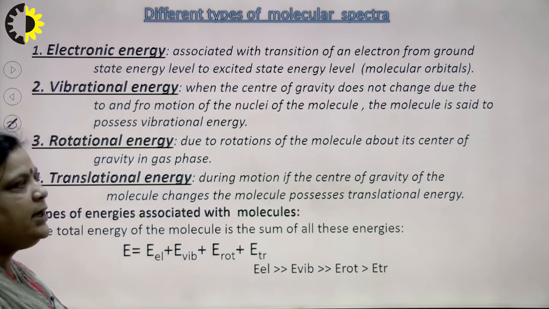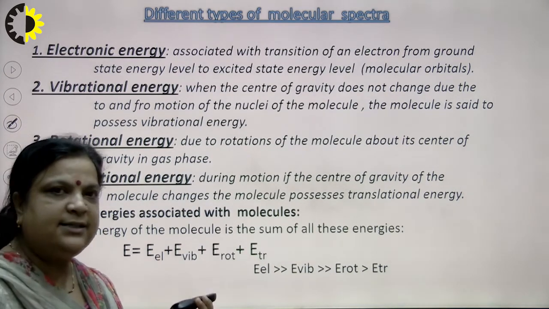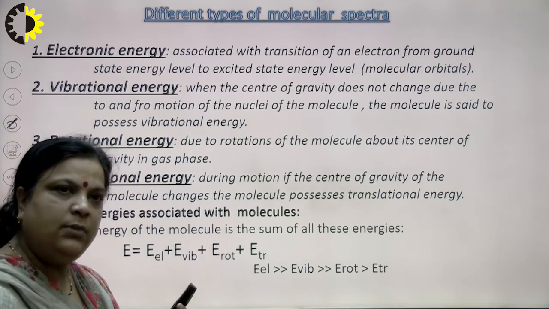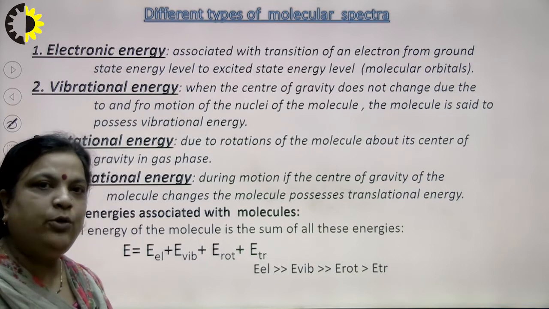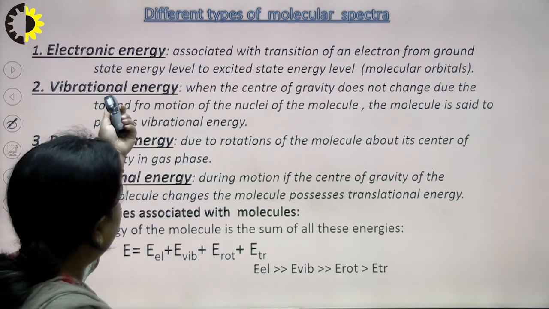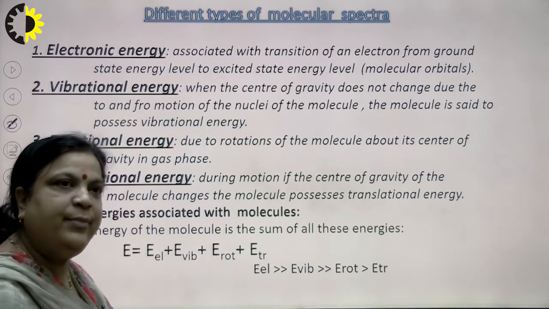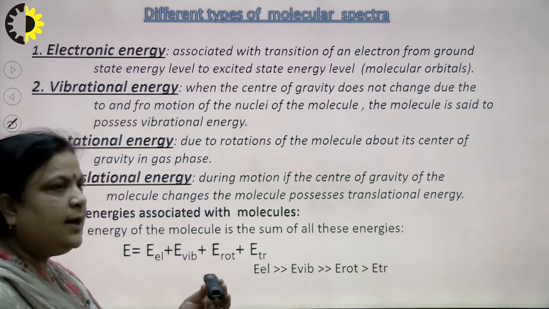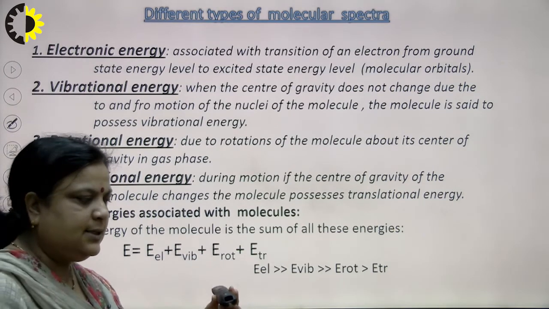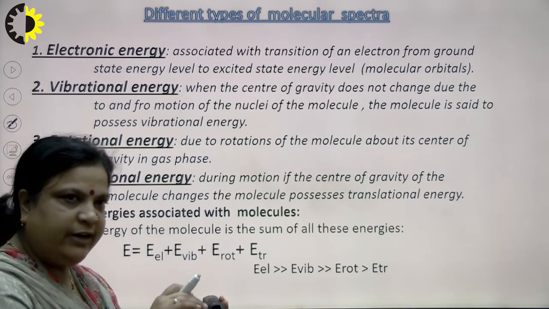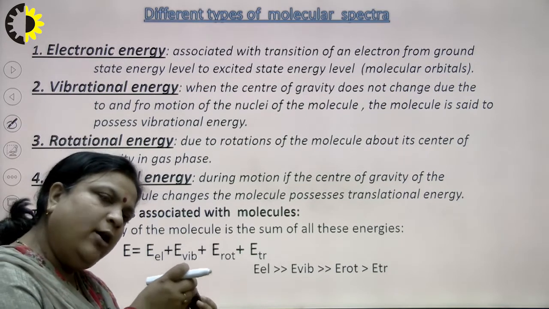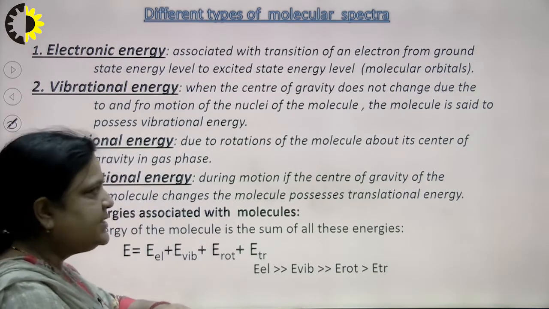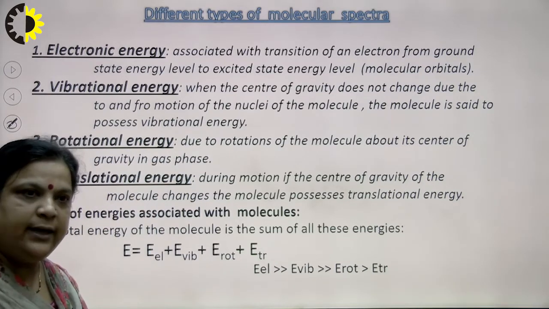It means in a molecule, if the center of gravity does not change but it does to and fro motion like a pendulum, like a spring around the nuclei of the molecule, then the molecule is said to have vibrational energy. Third is rotational energy. If we imagine an axis perpendicular to the center of gravity and the molecule rotates along this axis, the molecule is said to have rotational energy.